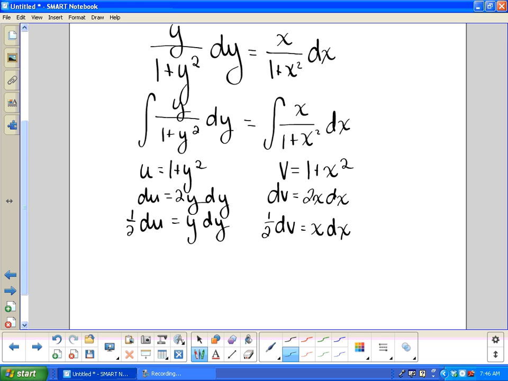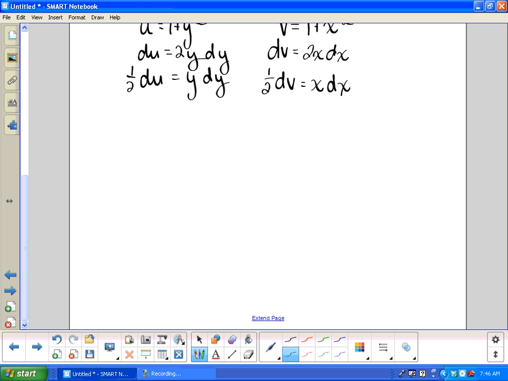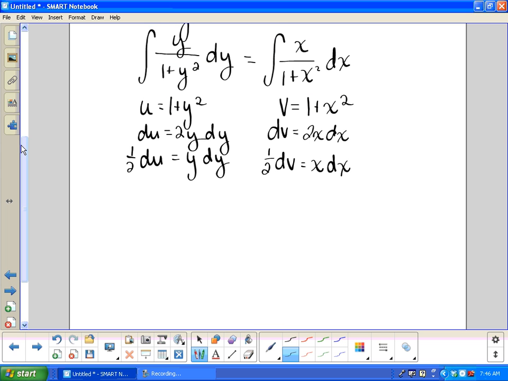So, I mean, it's a pretty obvious substitution, I think, but maybe things that are more obvious to me aren't so obvious to y'all. So now I'm going to go ahead and plug everything in. So the y and the dy are going to cancel, right? And they're going to be replaced with 1/2 du on this side.